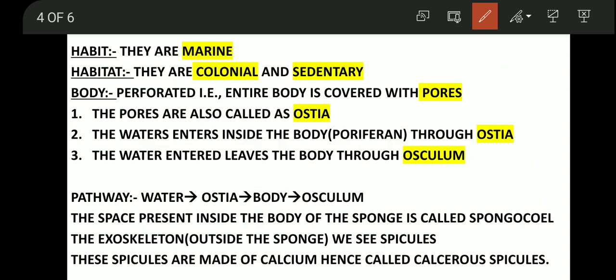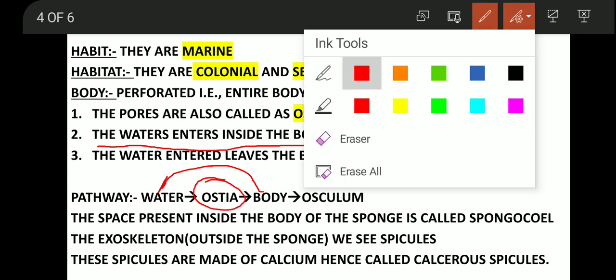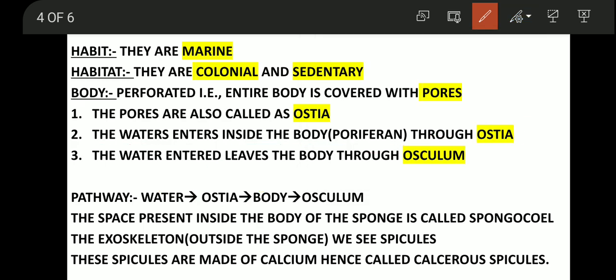Let's see the function. The water enters inside the body through ostia. So ostia are the pores which let the seawater inside the body. Now let's see what osculum is. Whatever water has entered the body must exit the body, is it not?